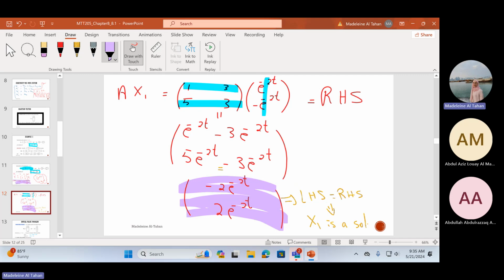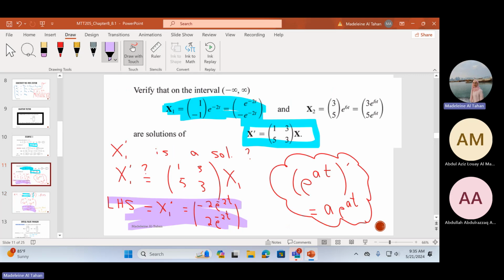Okay, to make sure that everything is clear, each student check whether x2 is a solution or not. We wrote x2, right? Yes, x2 is equal to 3e^(6t), 5e^(6t).